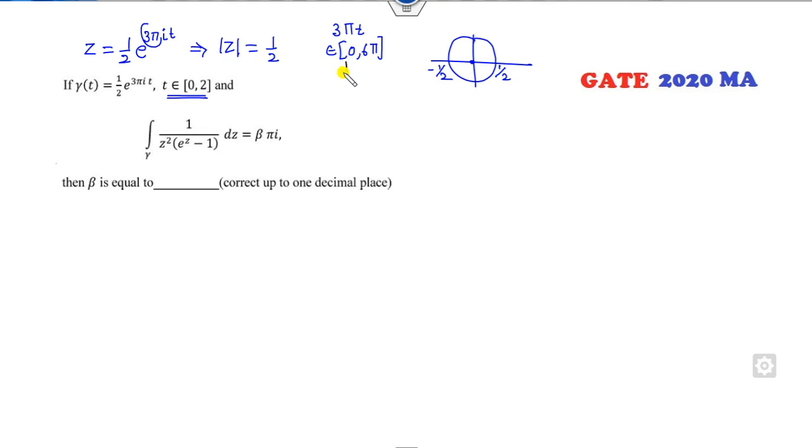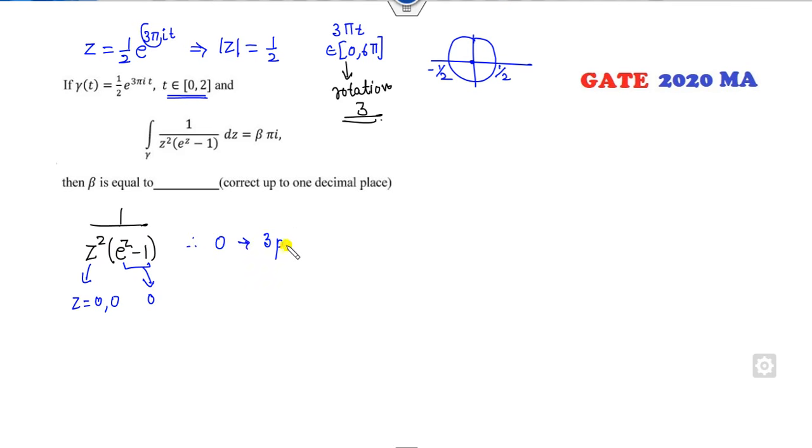How many rotations of 2 pi are there? That's 3 times rotation. Then you can find this value here. Then 1 over z square e raised to power z minus 1. The pole 0. Therefore 0 has 3 times pole. Order is my 3.